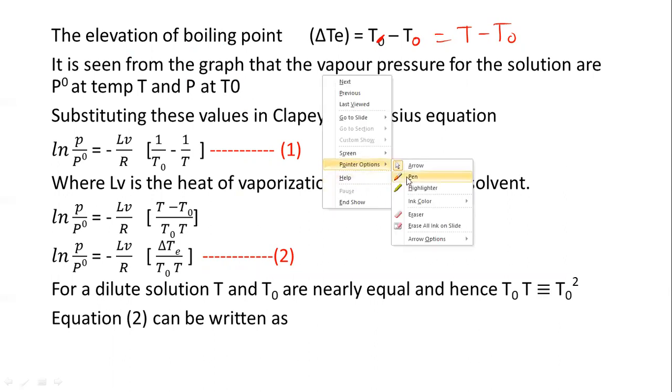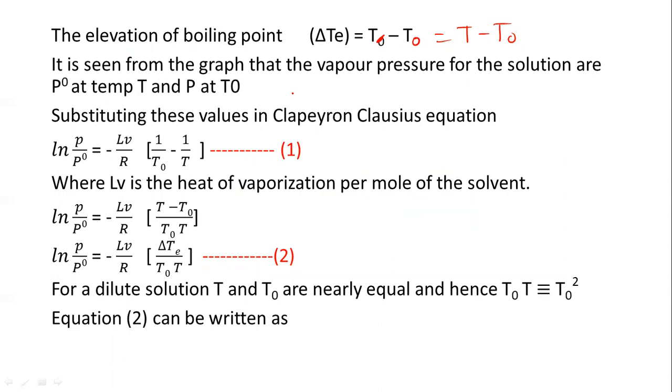The Clapeyron-Clausius equation is ln P1 upon P2 equal to minus LV upon R into 1 upon T1 minus 1 upon T2. We select two points on the solution curve: lower vapor pressure, higher vapor pressure, lower temperature, higher temperature.